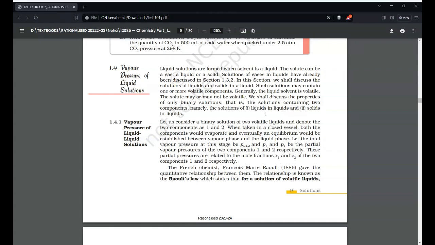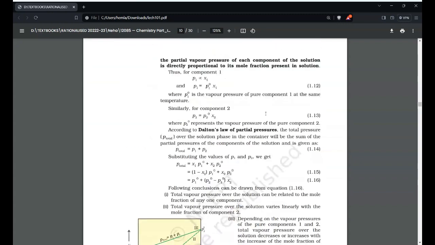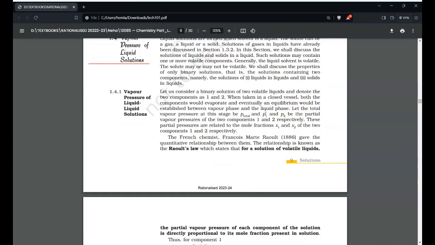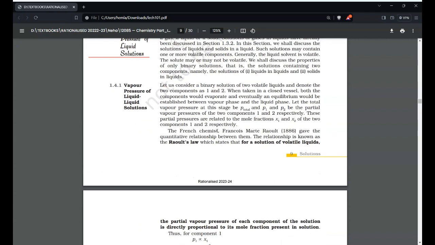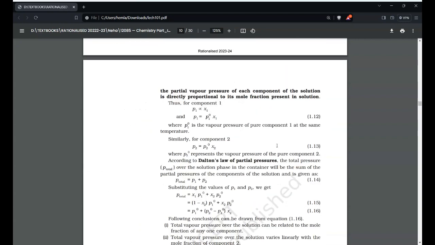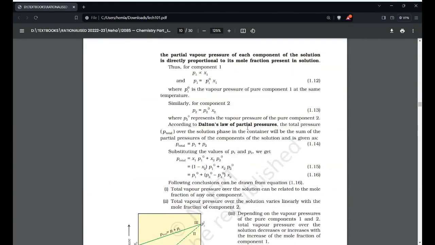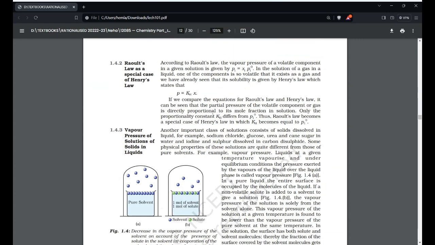So the first one we have is vapor pressure of liquid solutions. तो पहले एक बार देख लेते हैं कि इस टॉपिक में क्या क्या आ रहा है हमें. तो there is Raoult's law, very important, Dalton's law of partial pressure, and then there is Raoult's law.